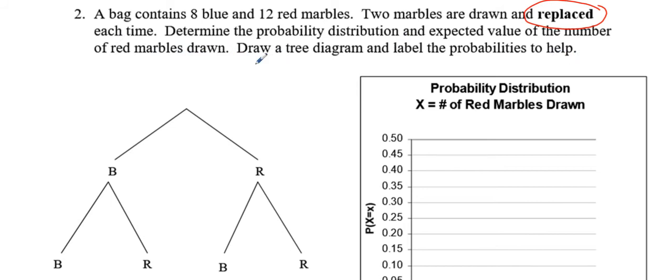So remember, the two parts that you need to start the probability distribution is to first state what your variable represents. So because we're eventually going to be finding the expected number of red marbles drawn, that's a good place for us to let our x be. So x is going to be equal to the number of red marbles.